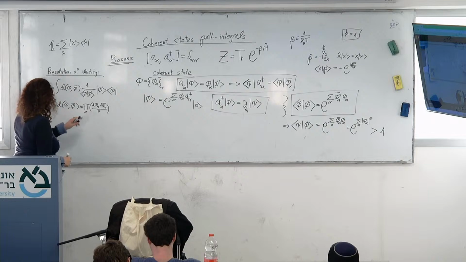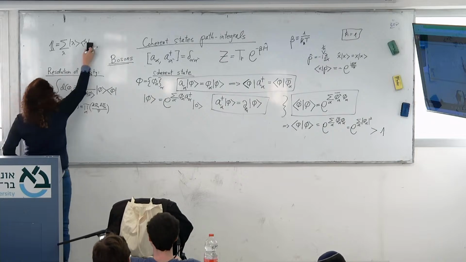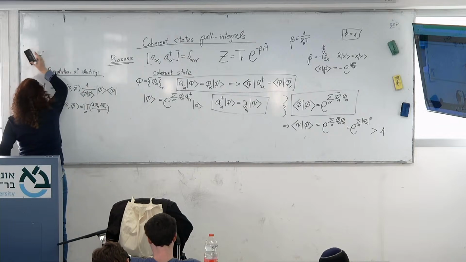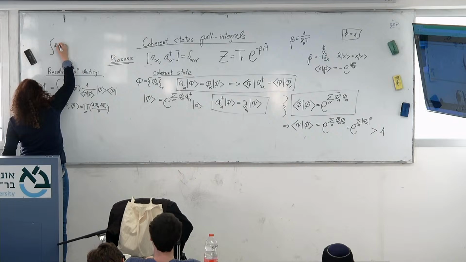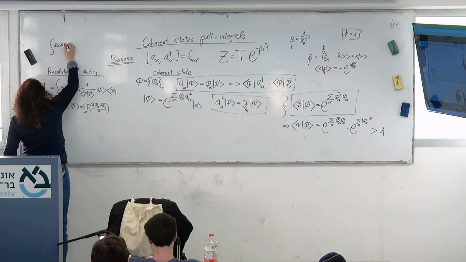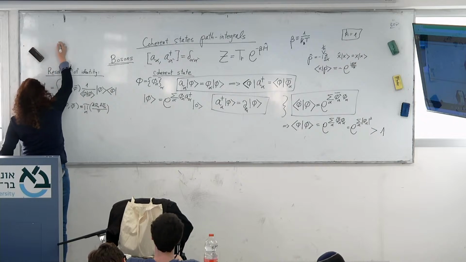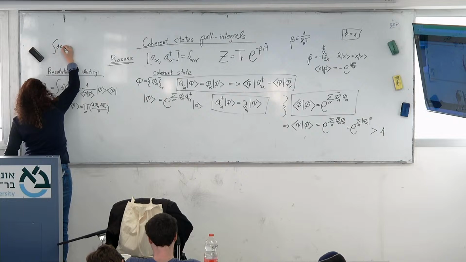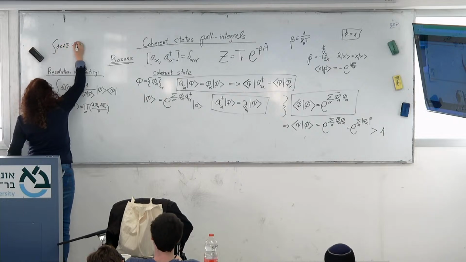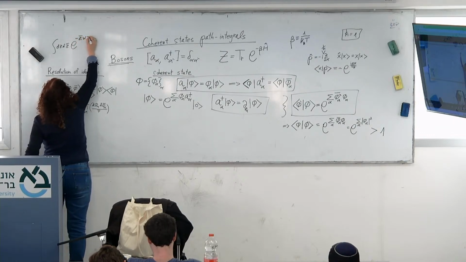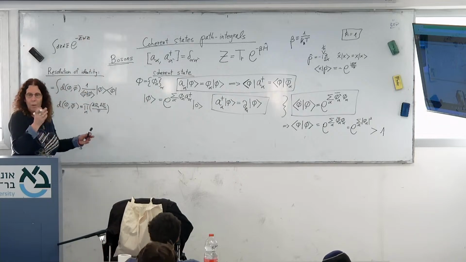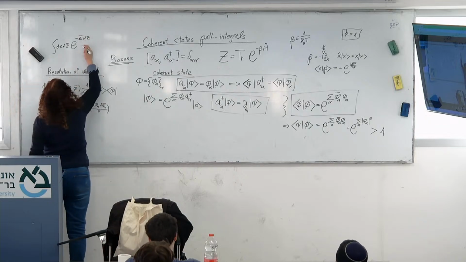It's coming from the fact that, maybe I'll write it here on the side, if you look at a complex integral of e to the minus z bar w z, where w is just some number, let's say a real number.